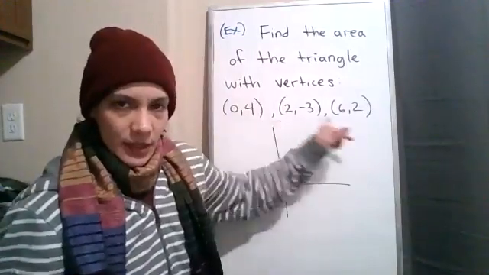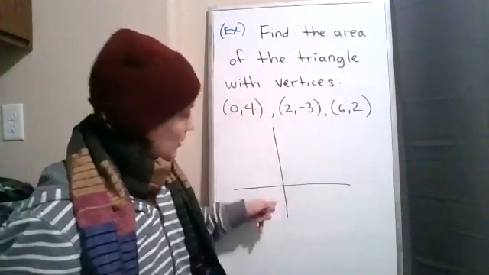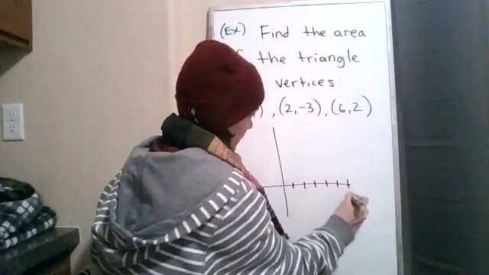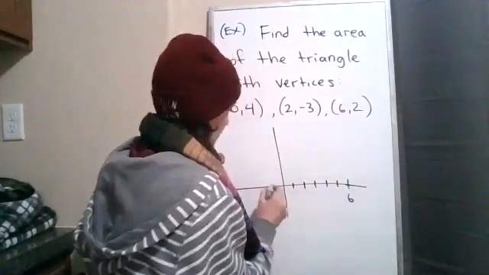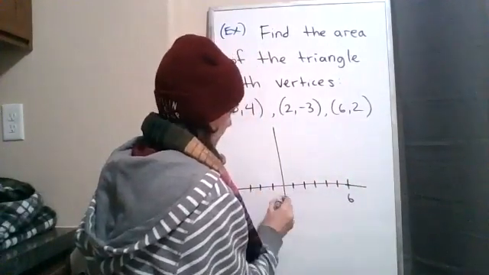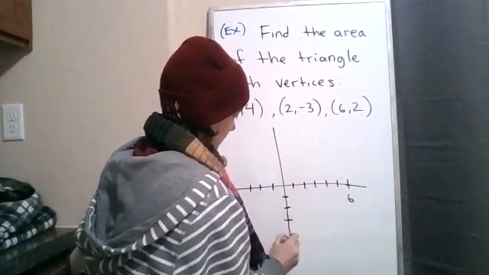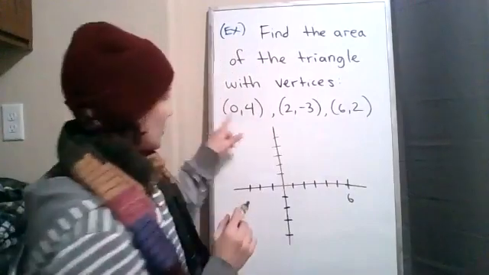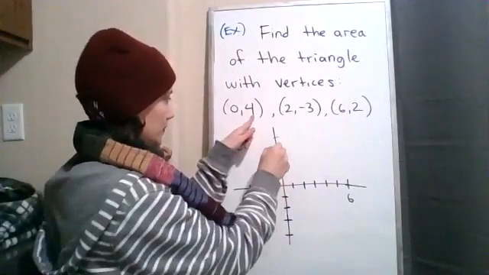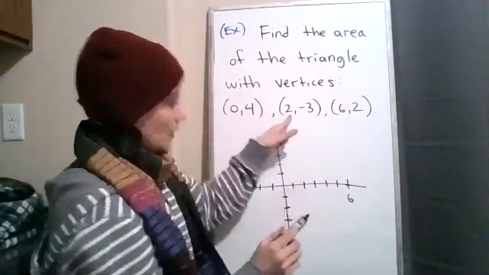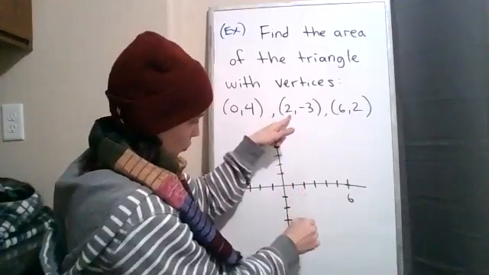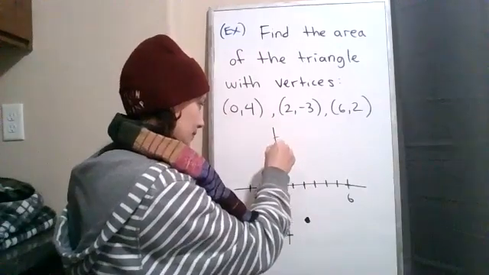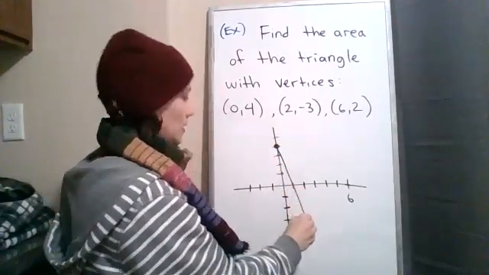Let's see, some units would be nice. So let's go. 0, 4. 2, -3. 6, 2.